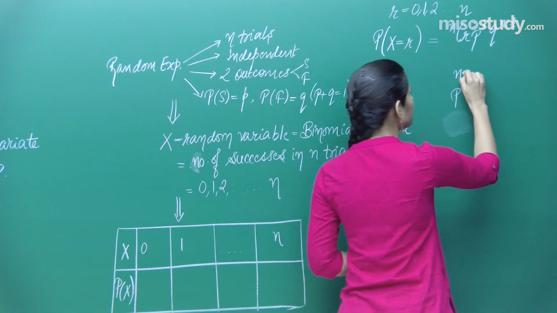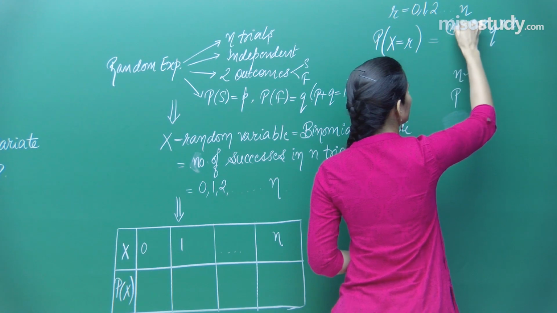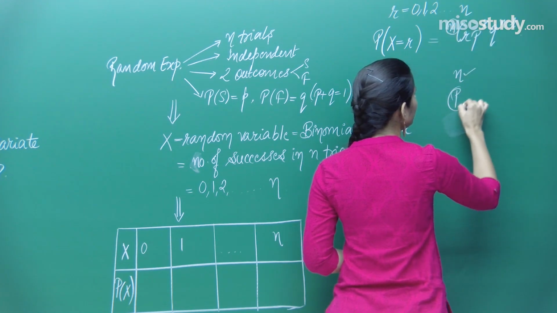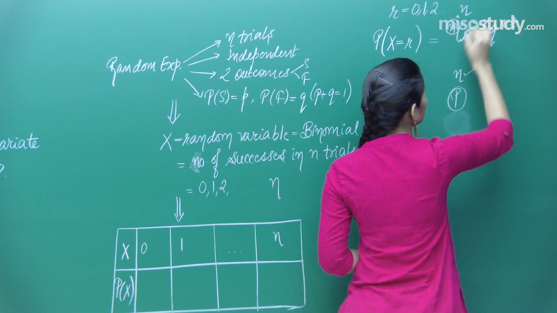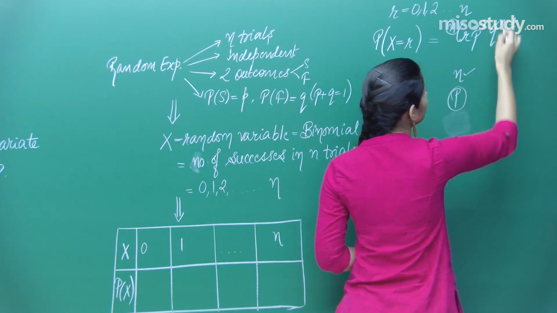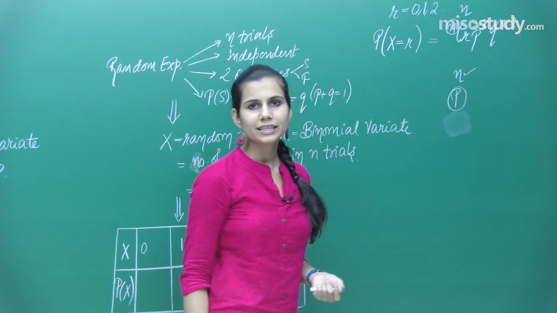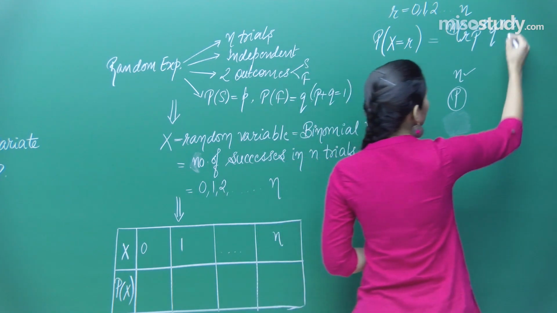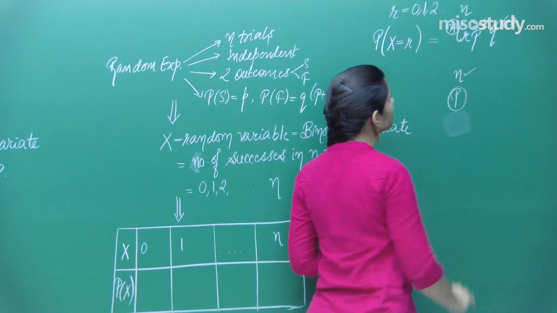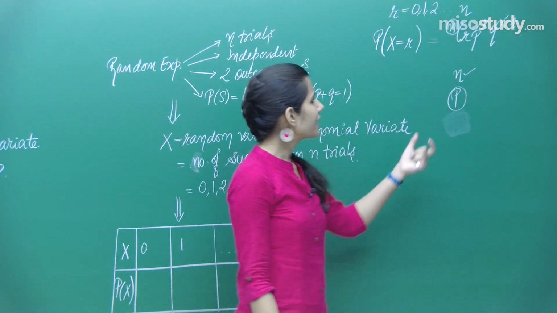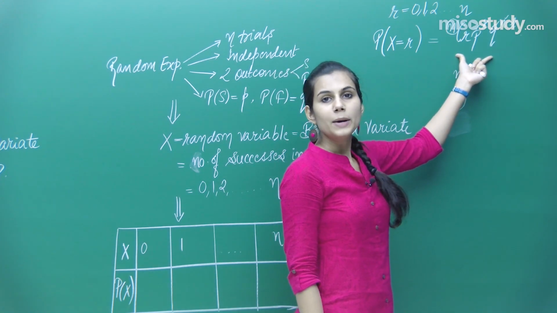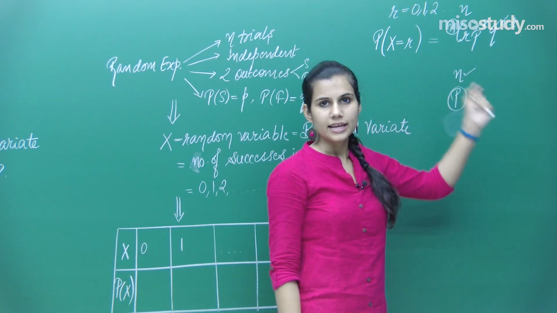If I have n with me, this value is there with me. If I have p with me, this value is also there with me, and q is also there with me, because if I have 1 minus p, it will give me q. N already I have, and I know R can vary from 0 to n. So for any value of R, I can get the value of the probability of getting R successes in n trials.